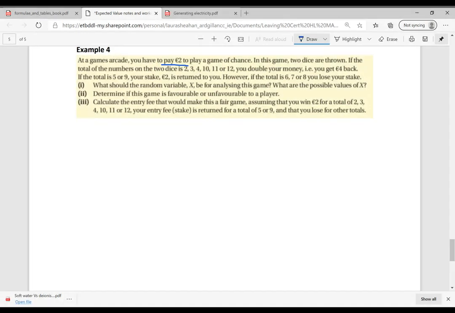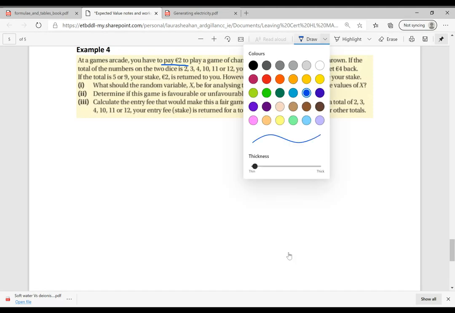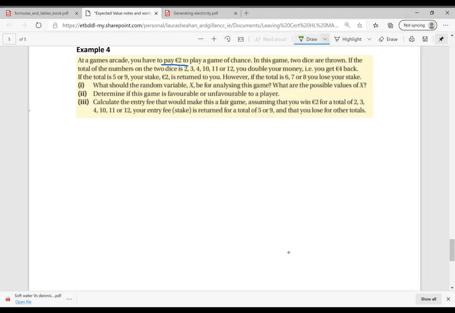Okay, instead I can group them together, because for 2, 3, I'm just going to change colour. For 2, 3, 4, 10, 11, and 12, you would win exactly the same amount of money. For 5 and 9, you win the same amount of money. And for 6, 7, and 8, you would win the same amount of money.